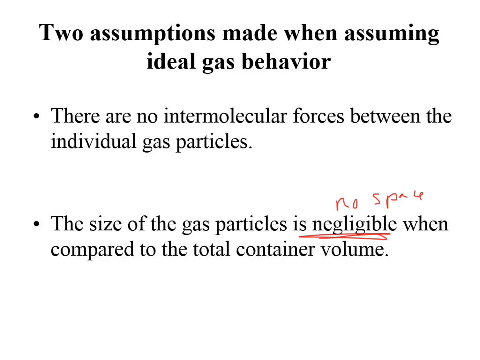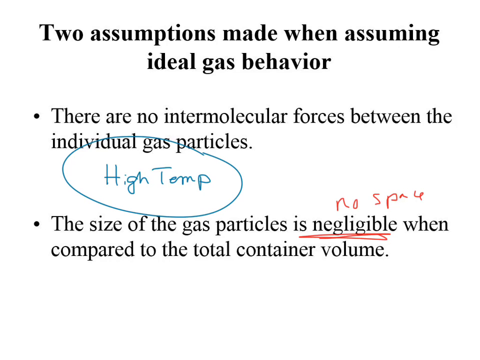So here's the deal, and I can't remember if I put it in my slides or not. If you, for instance, are working at high temperatures, okay, the first one works real well. Basically, if you're at such a high temperature, they have all that kinetic energy, they're definitely not going to stick to each other, okay?